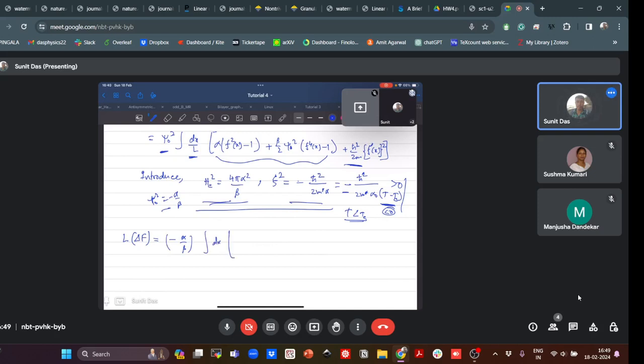So dx, alpha times f square x minus 1, plus beta by 2 times psi 0 square, which is again alpha by beta, minus alpha by beta times f to the power 4 x minus 1, plus h bar square by 2m times f prime x square, right?